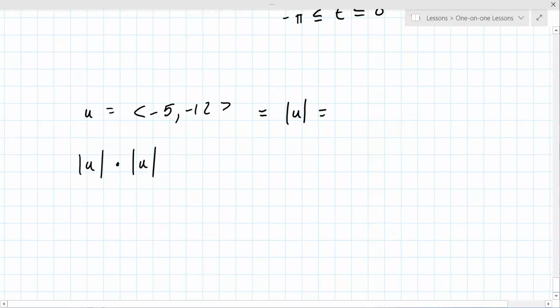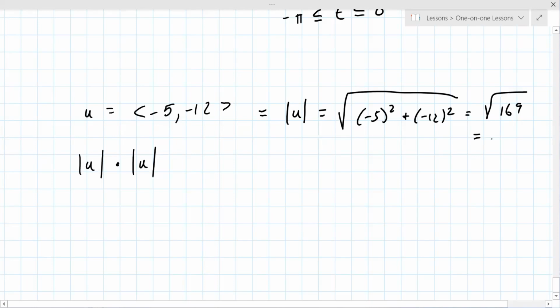It's the square root of negative 5 squared plus 12 squared. Square root of 169, which is 13. Okay. So 13 times 13 equals 169.